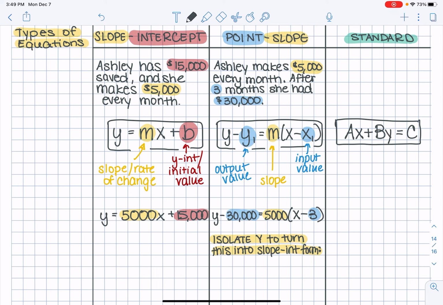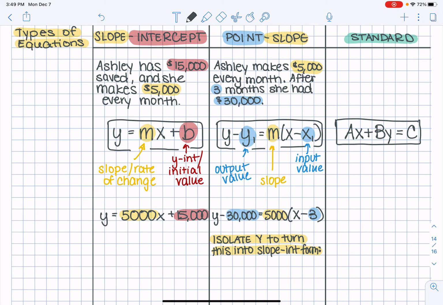Now what I want you guys to do here is, sometimes when I have point slope form, I can actually turn it back into slope-intercept form. Okay? And if you notice, the difference is in slope-intercept form, our y is alone on this side, but in point slope form, our y is not alone.